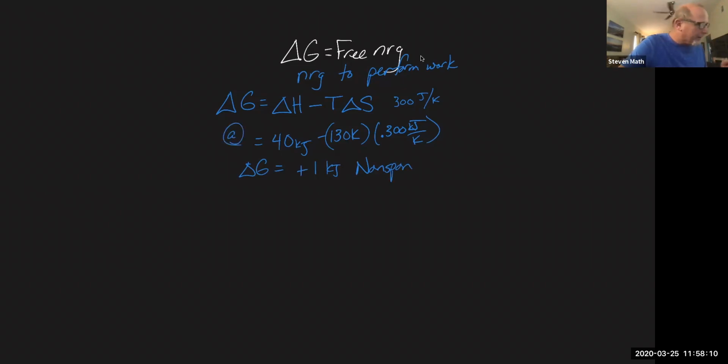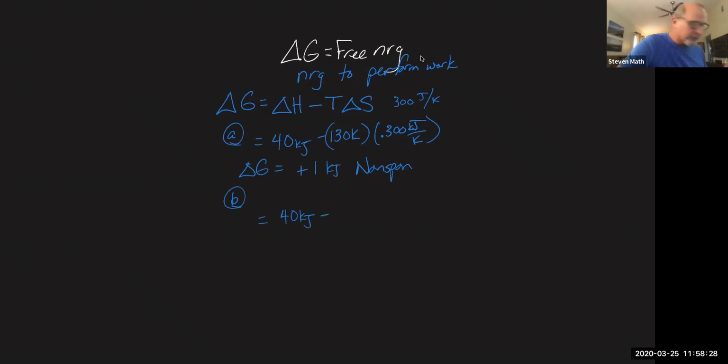Well, what's going to happen if we're able to change that temperature just a little bit? In this case, all we have to do is take that temperature. Let's keep delta H the same. Delta H is going to be 40 kilojoules. That doesn't change very often.